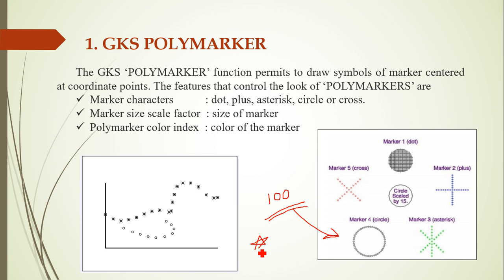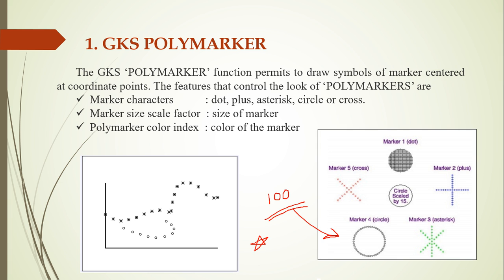So you could receive an error message saying that such a marker is not available within the GKS primitive. These are the available GKS primitives, and what you could do is select from these primitives. So that is another case. Whatever you are going to do, those things should be available within the primitives.